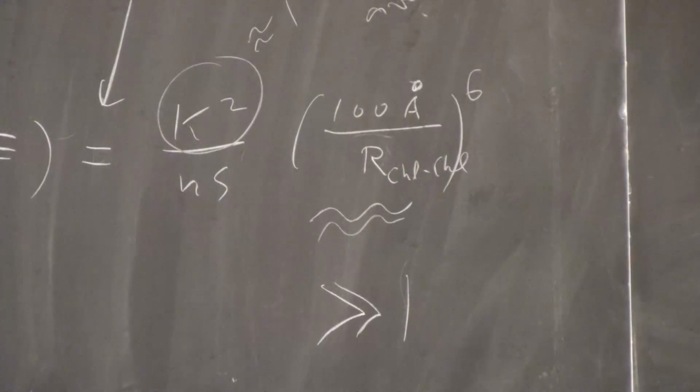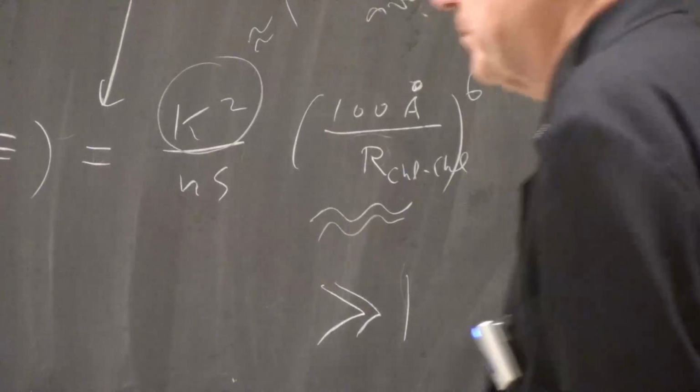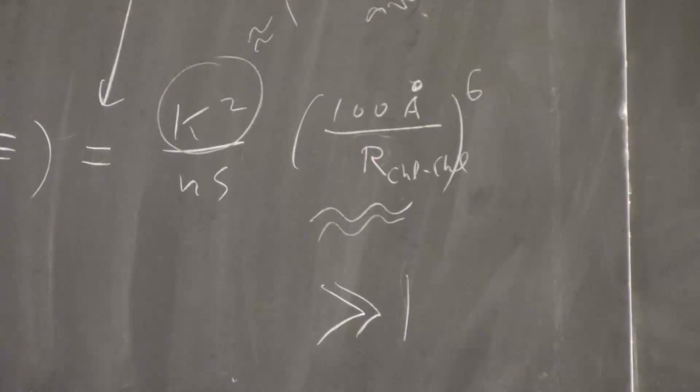So that was our result last time, and that's all interesting, but it turns out that if we do this 50 angstrom bit, that's not quite good, because it's still a little slow. We have to work a little more to make this excitation transfer faster.